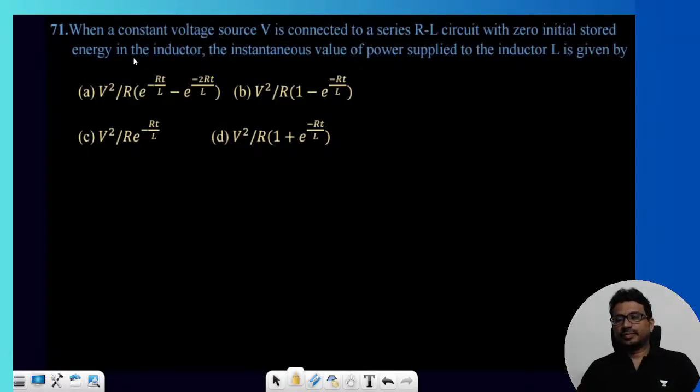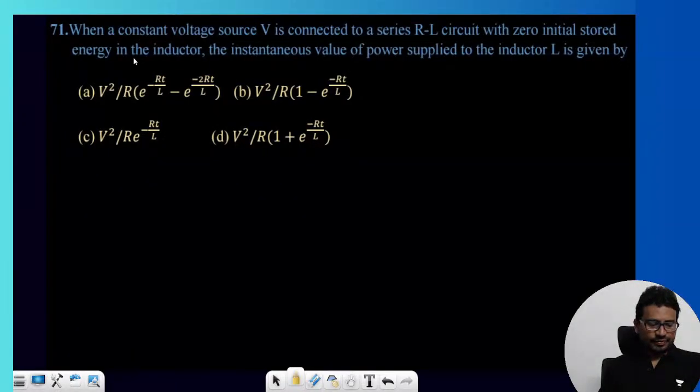When a constant voltage source V is connected to a series RL circuit with zero initially stored energy, initial energy is 0. Now they ask us to find the instantaneous power.